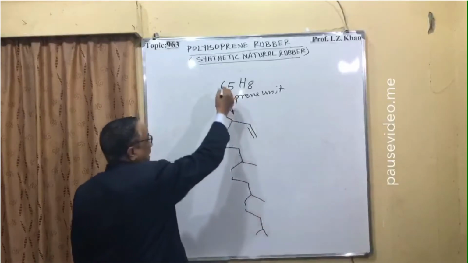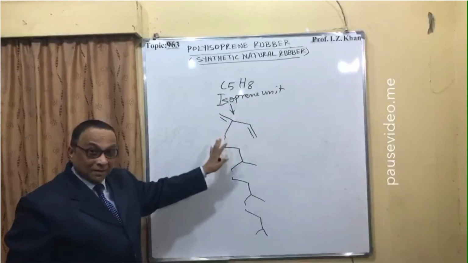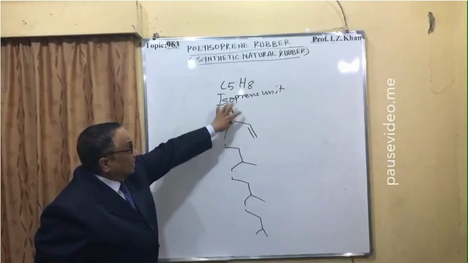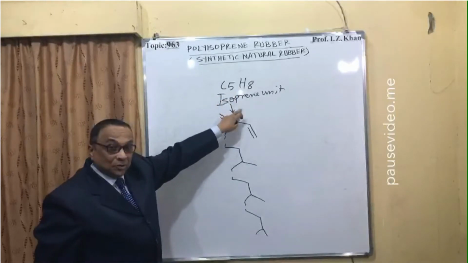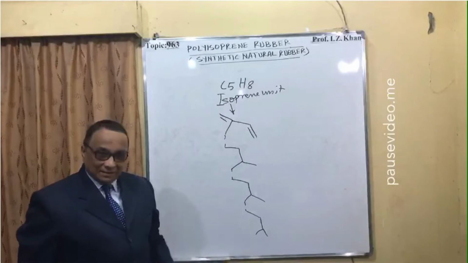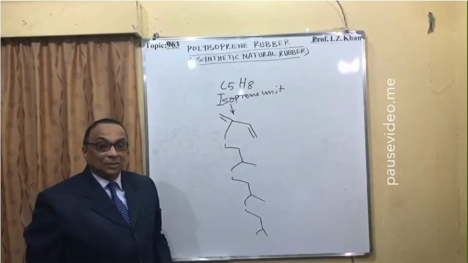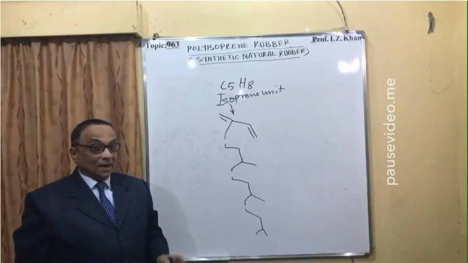So in that case, these isoprene units are forming the polymer. This is your monomer, and that monomer is nothing but C5H8, the isoprene unit. And this isoprene unit is joining in millions, and that gives the polyisoprene polymer.